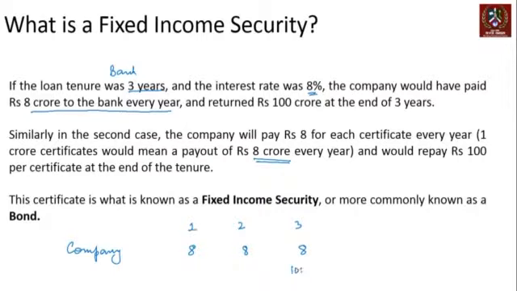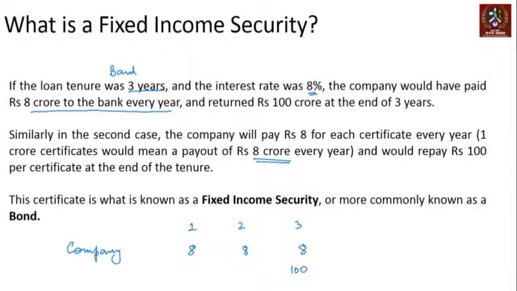In the third year, you pay 100 per certificate. Again, 1 crore certificates, which means 100 crore. This is exactly the same payout as what the company would have made to the bank: 8 crore every year for the first 3 years, and at the end of the third year, you pay the 100 crore back, right?